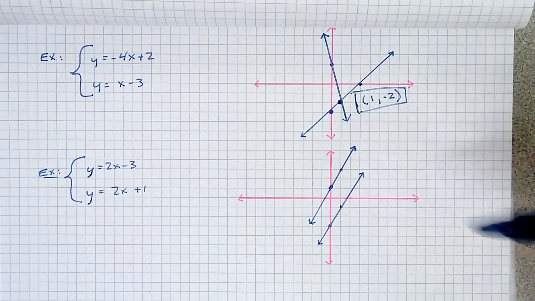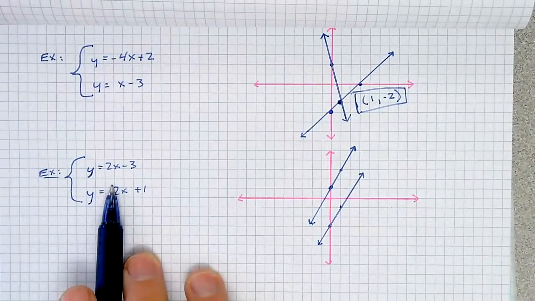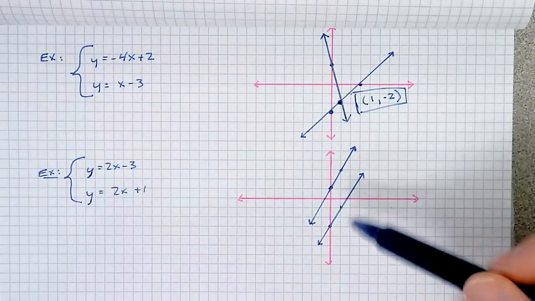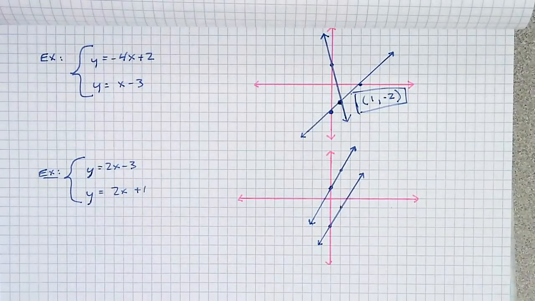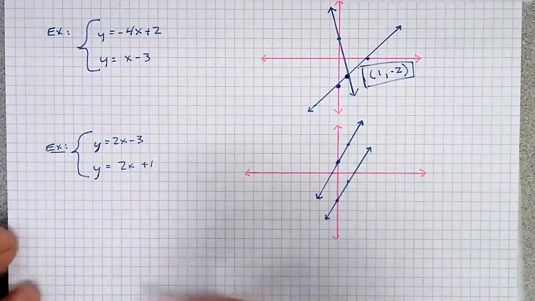On the second one, notice that they have the same slope, different y-intercepts. So if they have the same slope, they're never going to intersect.